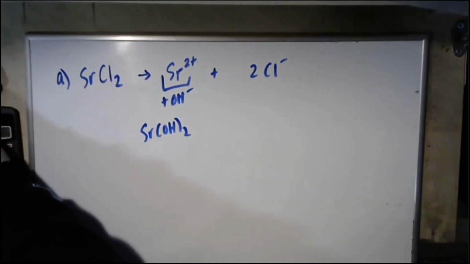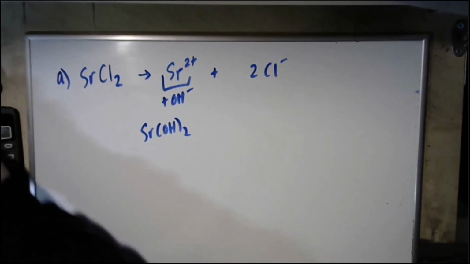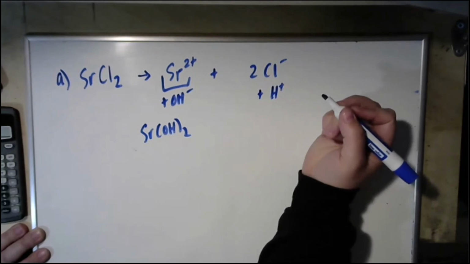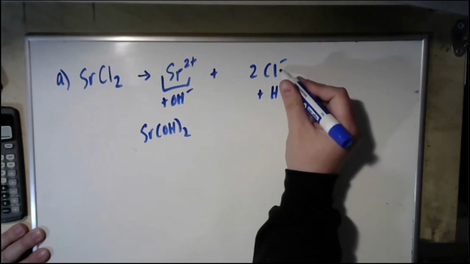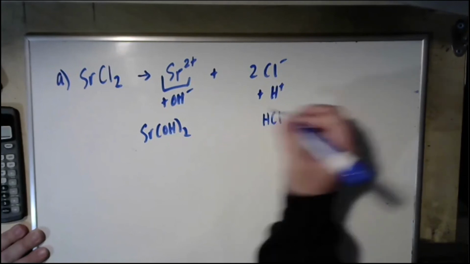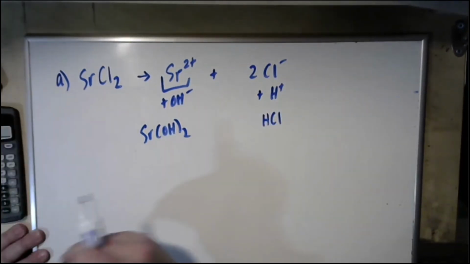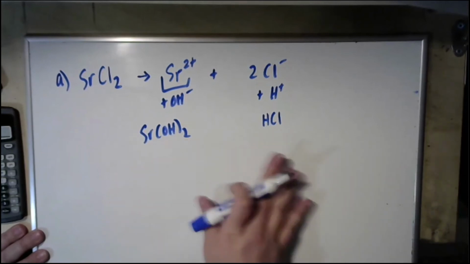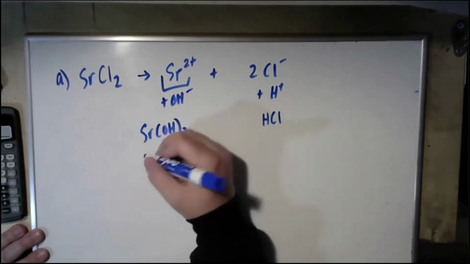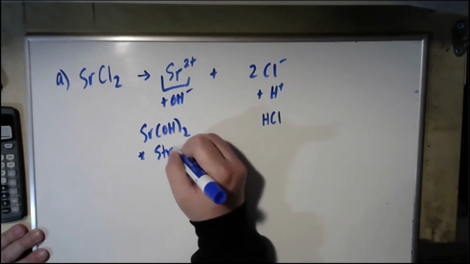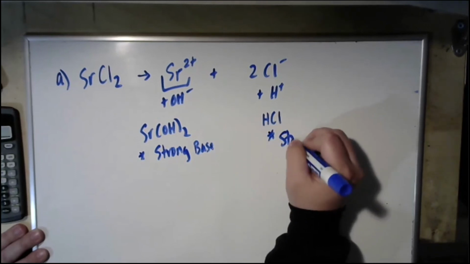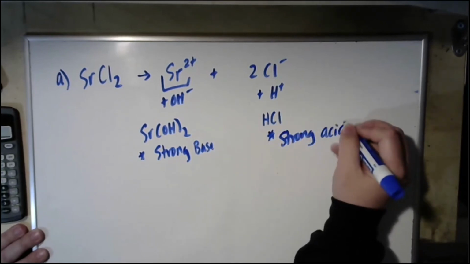I'm going to do the same thing now for the Cl minus, but I'm going to be adding hydrogen ions to it. Hydrogen ion plus the chloride ion is going to form HCl. Now you're going to go back to your lists of strong acids and bases and see if these are strong acids or strong bases. Spoiler, they are. This is a strong base. This is a strong acid.